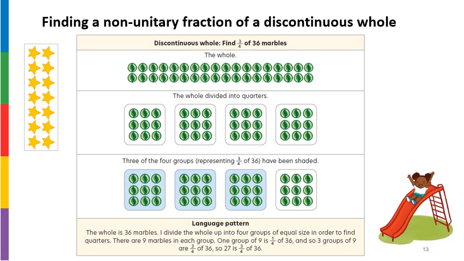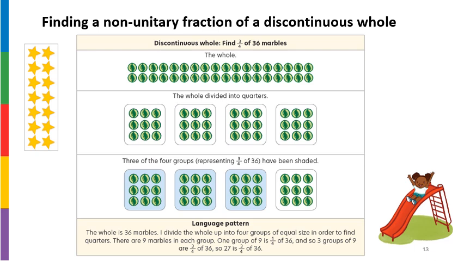Finding a non-unitary fraction simply means that we're not going to find 1/2 or 1/3 or 1/4. It will probably be 2/3 or 3/4 or 5 somethings. Okay? And it is of a discontinuous whole.